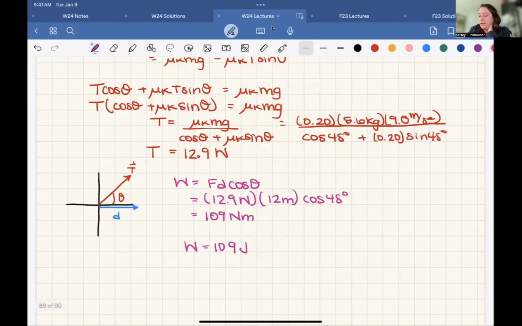And then we looked at how the tension and displacement were related to each other, just to make sure we knew what we were doing. And we got that the work is the force times displacement times cosine of theta, which we plug everything in, and we got 109 joules. Let's go back to the slides now.